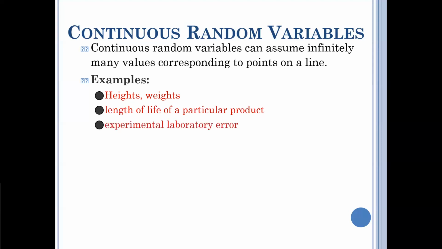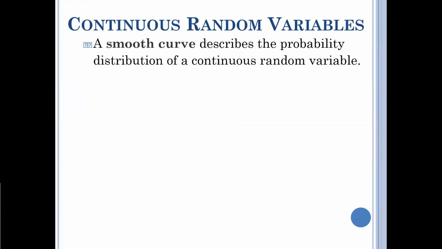Some sort of experimental laboratory error, sure, because usually when we're doing an experiment in the lab, we're measuring something with some sort of instrument, and because we're measuring it, the error we get will also be a continuous measurement. So when we have these continuous random variables, we always have a smooth curve to describe the probability distribution of that random variable.